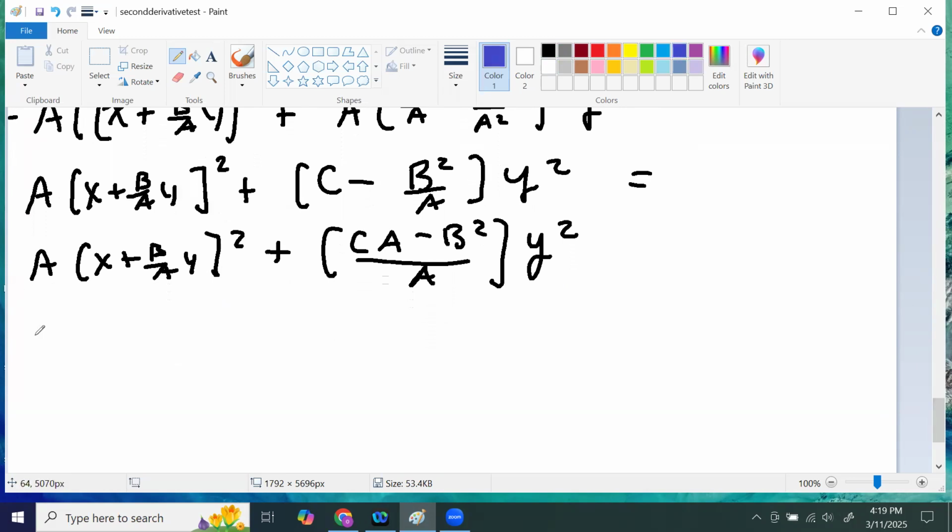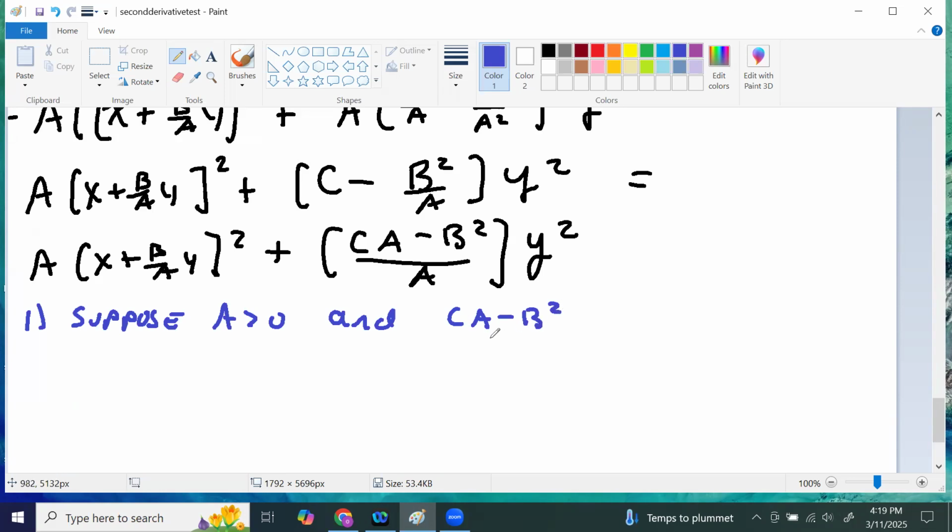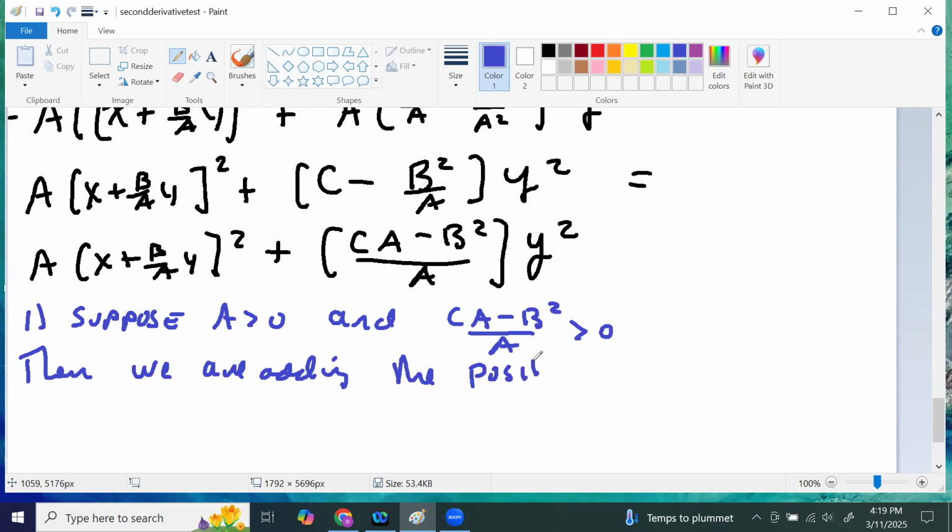Now, first case, suppose A is positive and (CA minus B squared) over A is positive. Then you have the sum of two squares, a positive sum, added to f(x naught, y naught), the constant term.